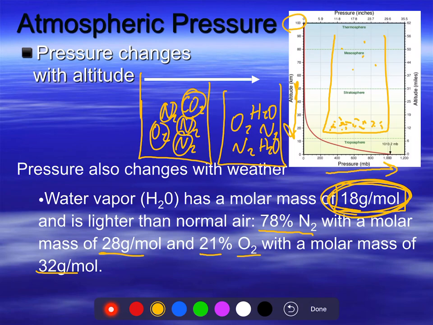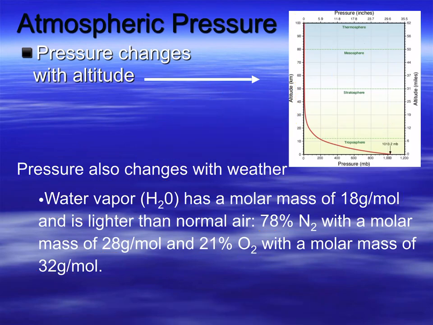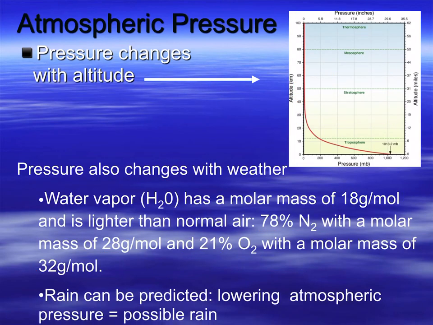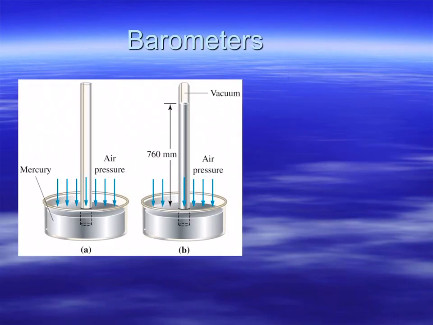So when the barometer's falling or when the pressure is falling, that means that there's more moisture in the air, and with moisture comes weather change, right? We get rain with that. So rain can be predicted with a lowering atmospheric pressure, right? It says that it's going to be more humid and that could cause some rain or the formation of clouds.